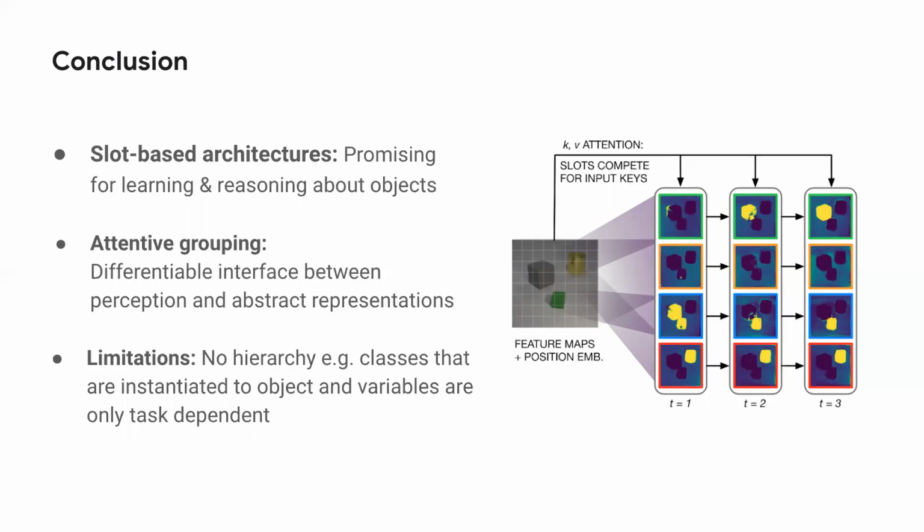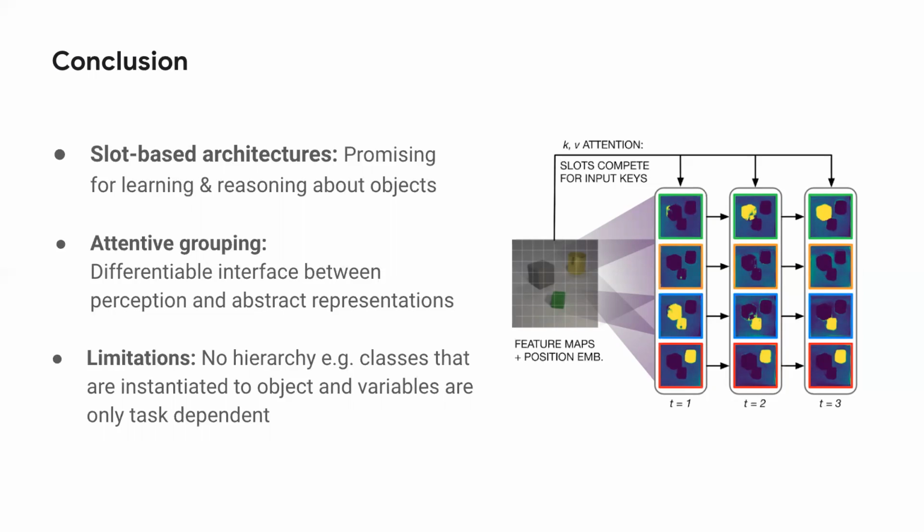But maybe we would want something slightly more hierarchical, where there is some specialization at the high level, and then you can instantiate multiple objects from the same class. So here we have a single class, and then we can instantiate as many objects as we want, but maybe we want to have multiple classes and instantiate multiple objects from these classes.